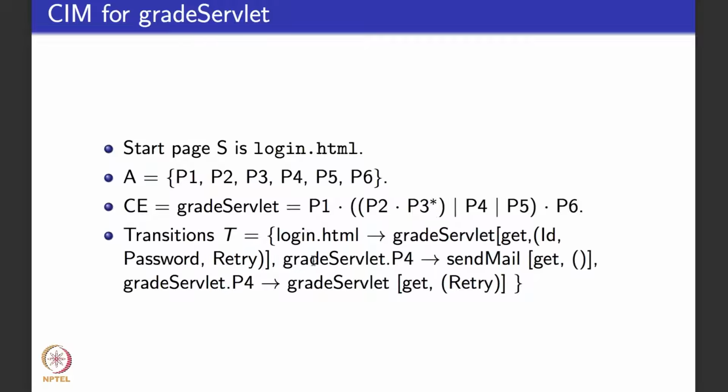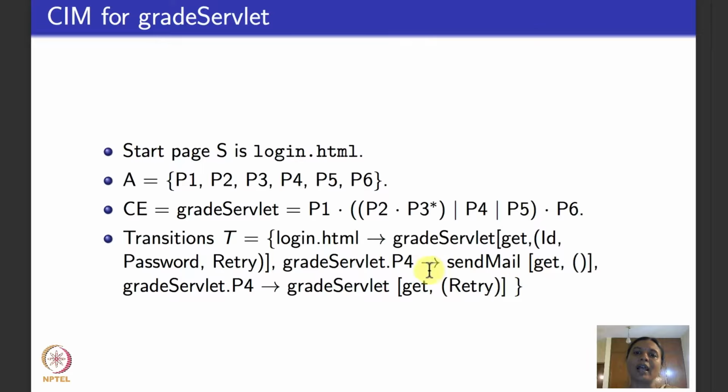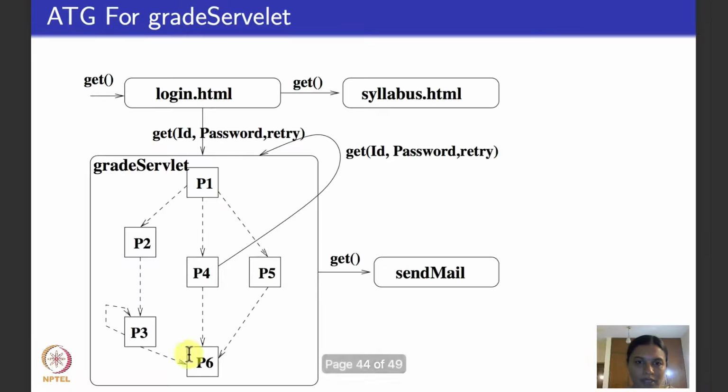So what are the transitions? From login.html, I go into the grade servlet, which is this entire component, and inside grade servlet, I can do transitions from P4, which talks about sending mail, or it talks about number of retries of a password, and so on. This is that part. Just concentrate only on this where I'm pointing my mouse to.